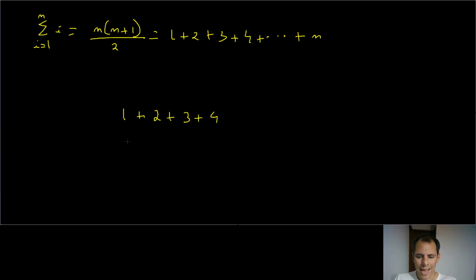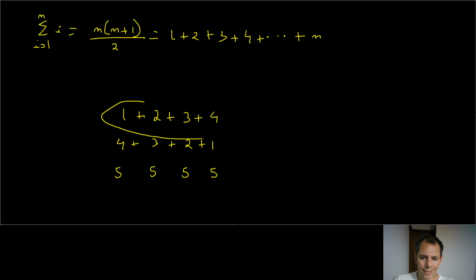Add this stuff in an inverted manner, in reverse order: 4 plus 3 plus 2 plus 1. Now add these things. You see here that you have 1 plus 4 equals 5, 2 plus 3 equals 5, 3 plus 2 equals 5, 4 plus 1 equals 5.